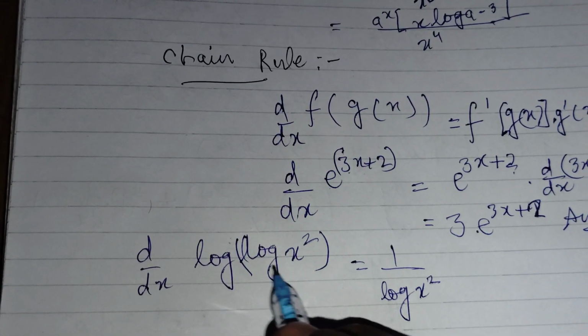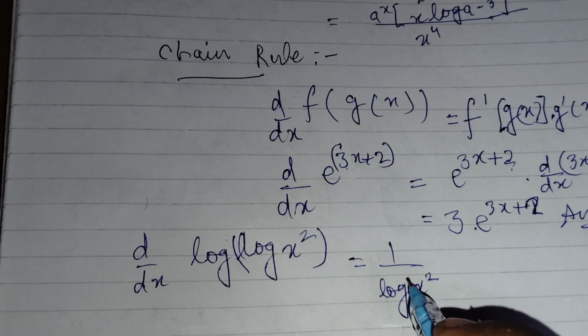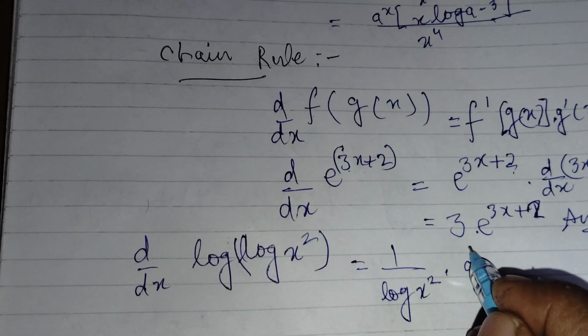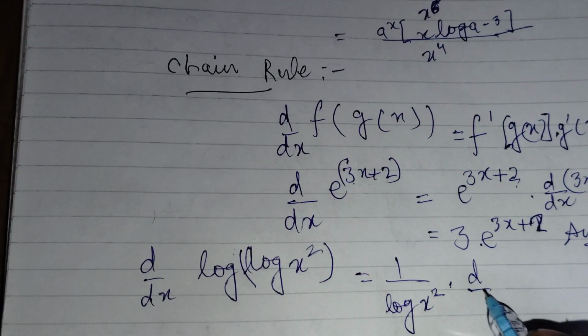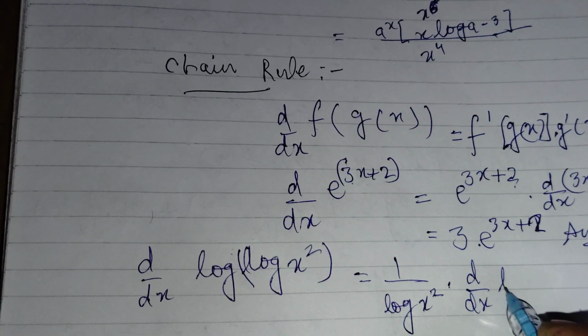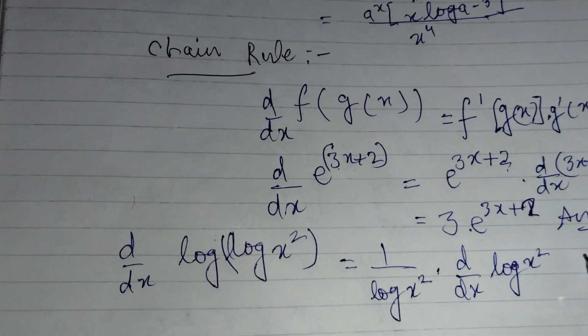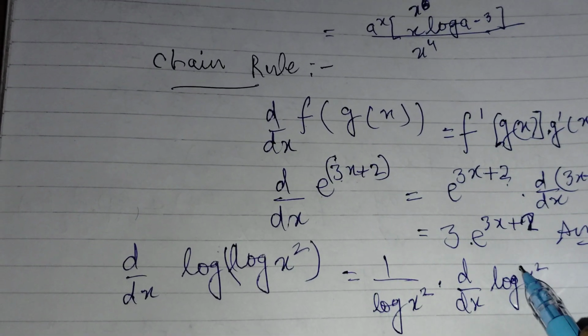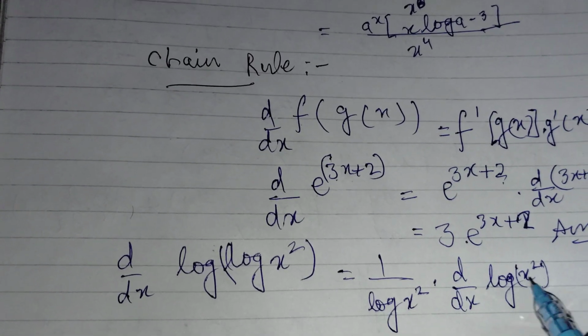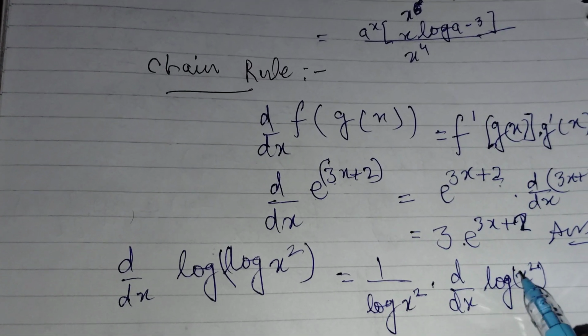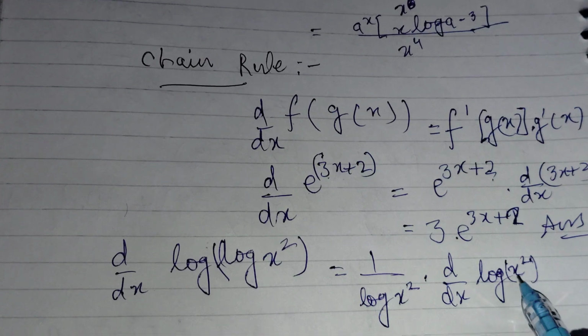This whole term we write as x, and 1 upon x is the differentiation of log x. Now we differentiate this term, d upon dx of log x square. Again this time we consider this as x, so log x's differentiation is 1 upon x.